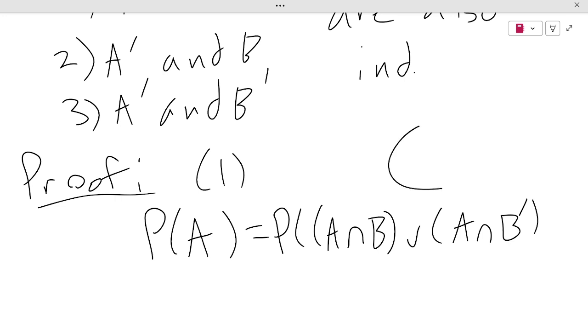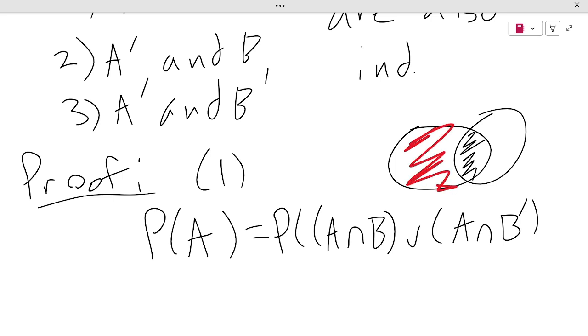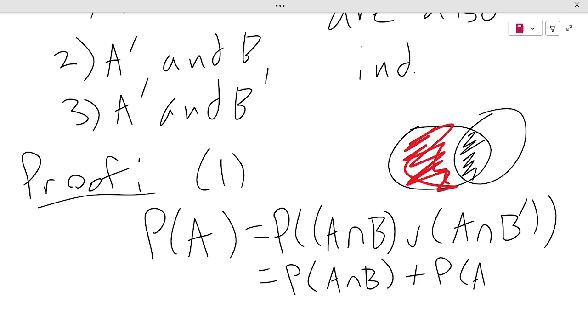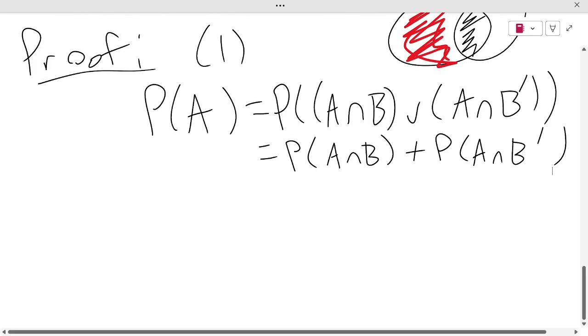So that's like in the Venn diagram, that's like partitioning it to this one, and then this one separately. We're just unioning those together. So those are two disjoint sets, meaning if they're disjoint, they're mutually exclusive, right? So the probability of the union of those two should just be the sum of the probabilities. Okay, let's keep it going.